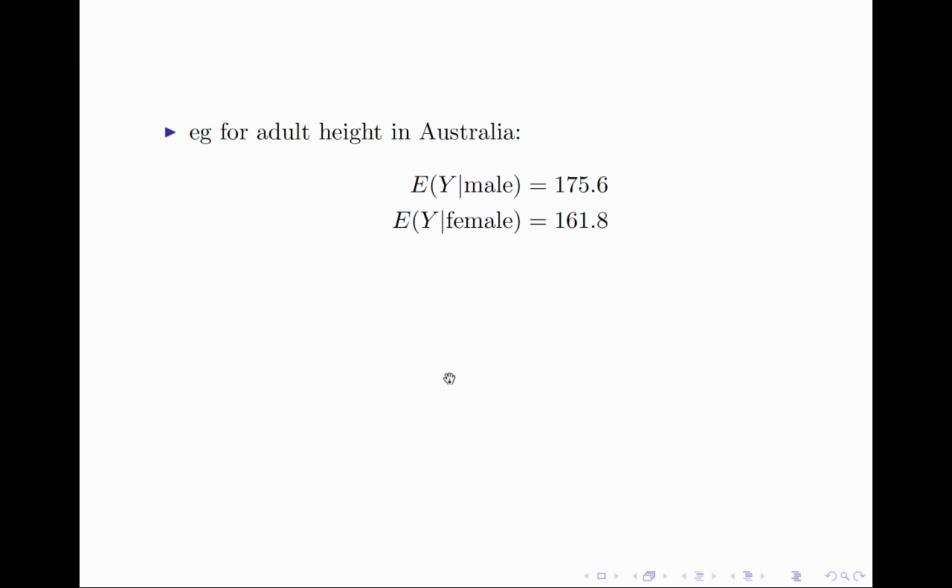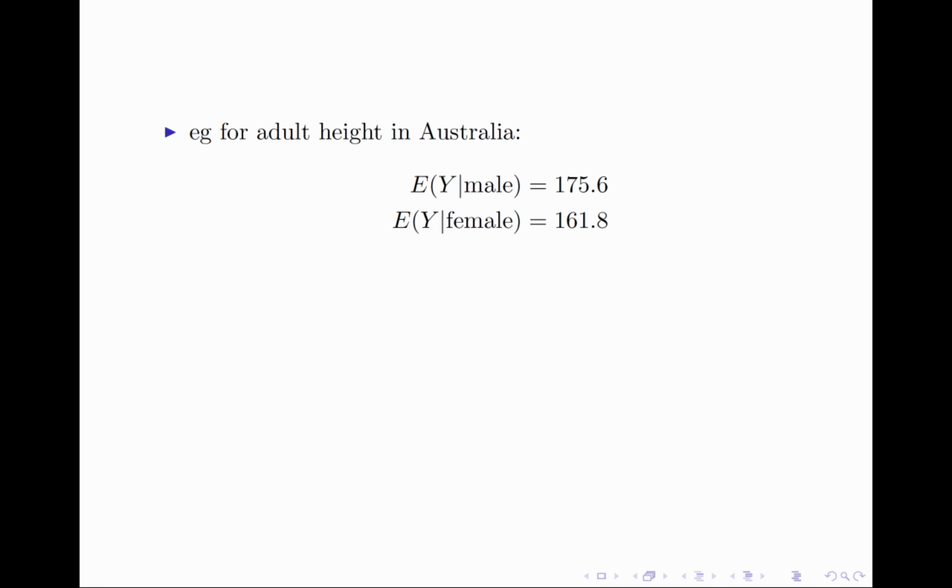For example, for adult height in Australia, we could have y as adult height, and x here is the gender, male or female. The average height of males in Australia is 175.6 centimetres, and for females it's 161.8 centimetres.